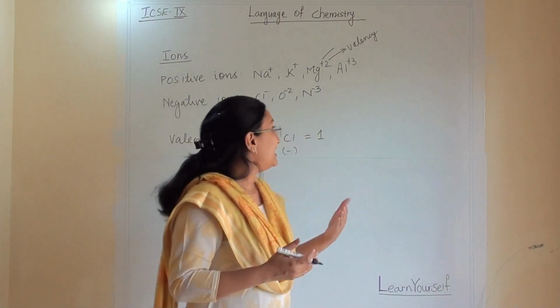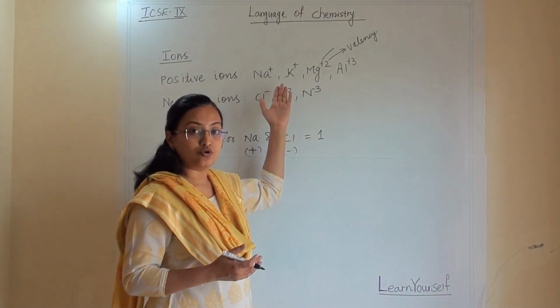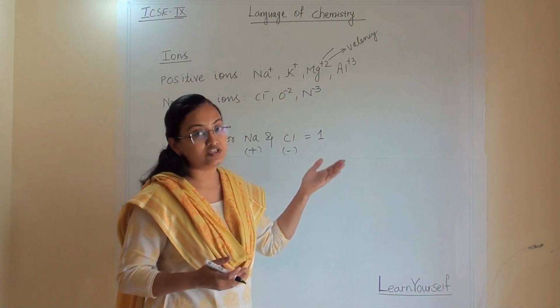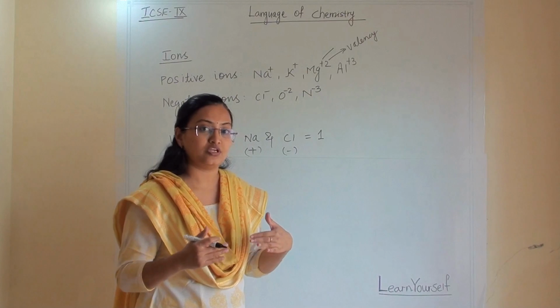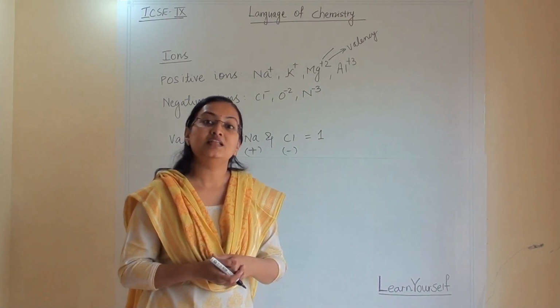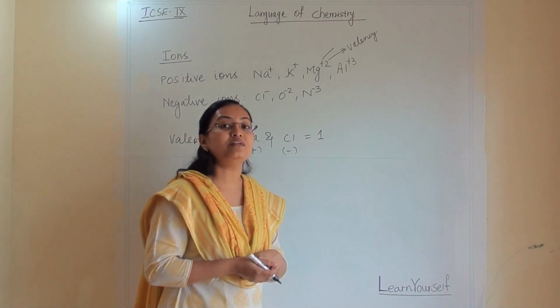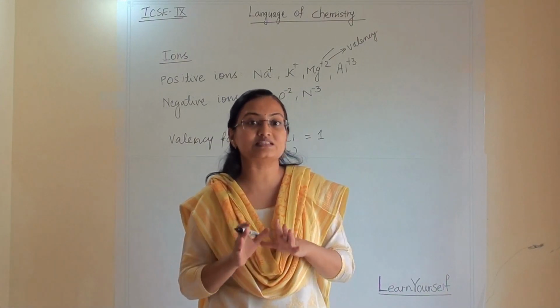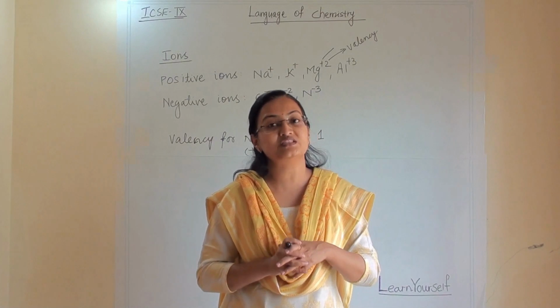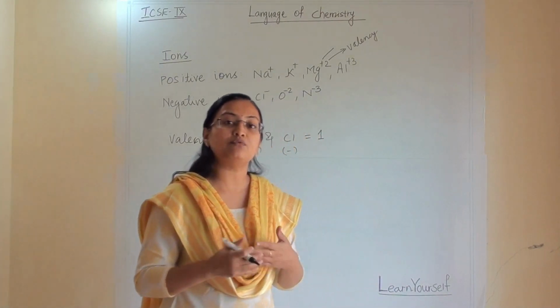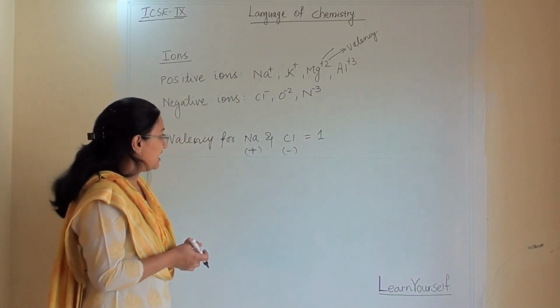If an element is donating electrons, it will generate a positive ion. If an element is accepting electrons, it will generate a negative ion. If you have doubts regarding all these things, then please check my video on this topic from standard 8. We have already studied this in standard 8.